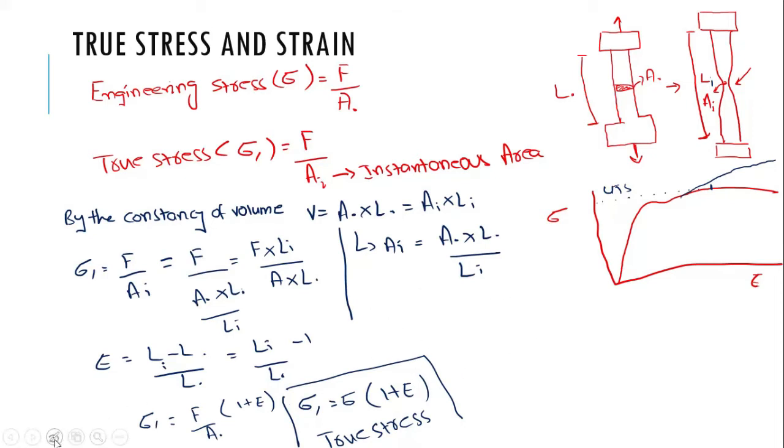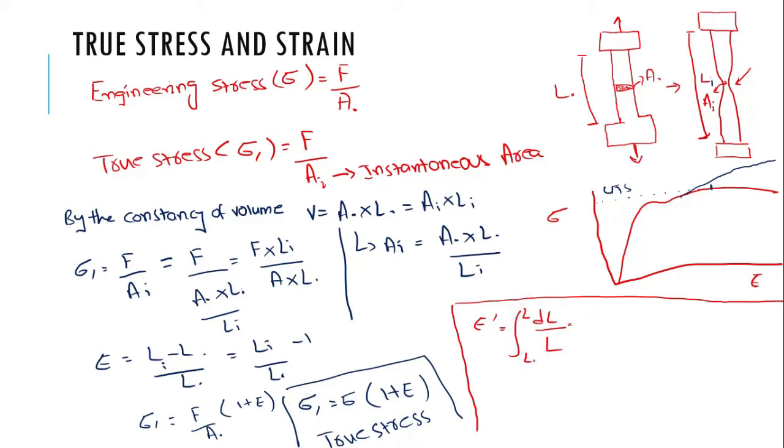Now for the true strain value, the true strain would be equal to, as we know, strain is the change in length divided by the original length. So we have change in length divided by original length, from L naught, the initial length, to L, or Li you can say.